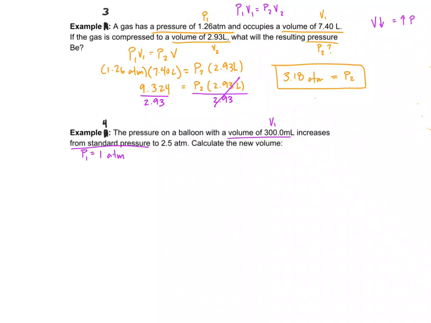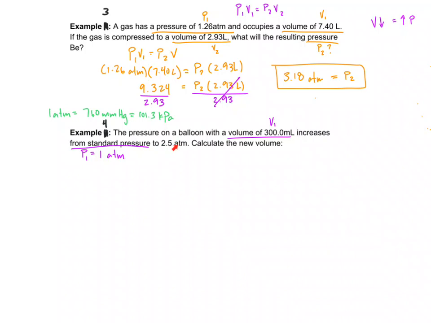So how do you know it's 1 atmosphere? Well, I know standard pressure can be either 1 atmosphere, 760 millimeters of mercury, or 101.3 kilopascals. So how do you know which one it is? Well, when I look at the new pressure, 2.5, the unit is in atmospheres.